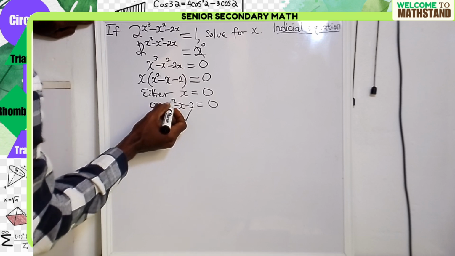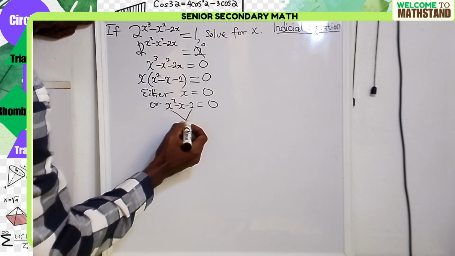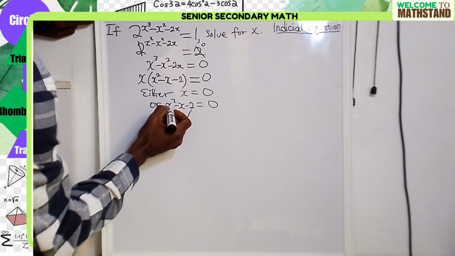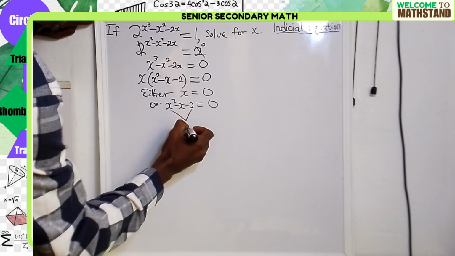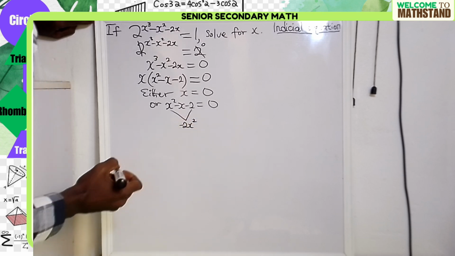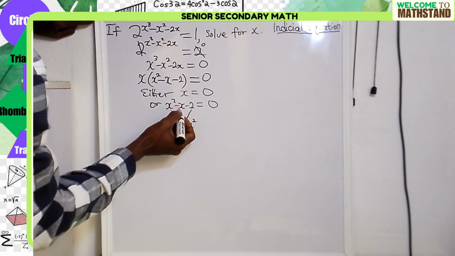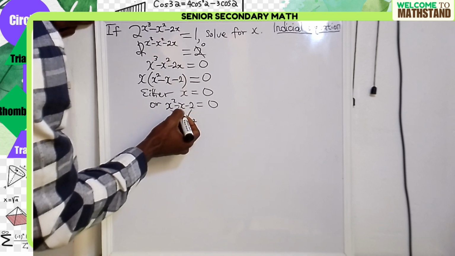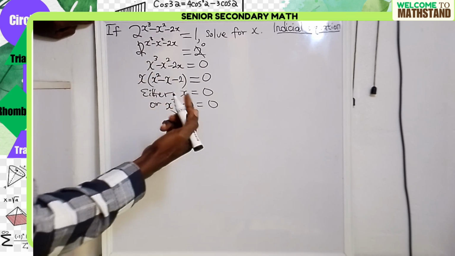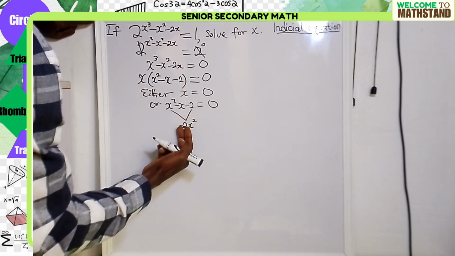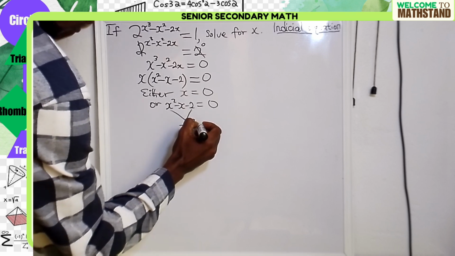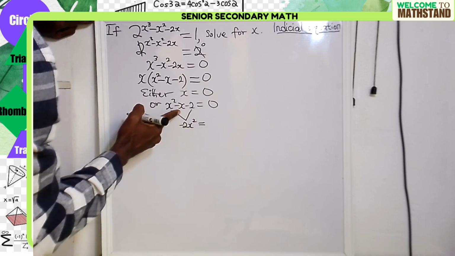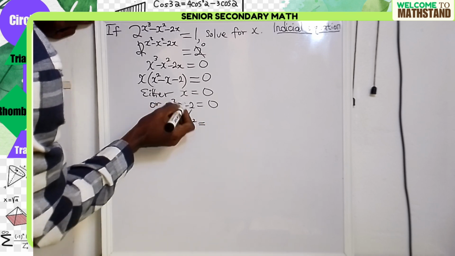The first term is x squared, and the last term is minus 2. If you multiply x squared times minus 2, what do we have? We'll have minus 2x squared.